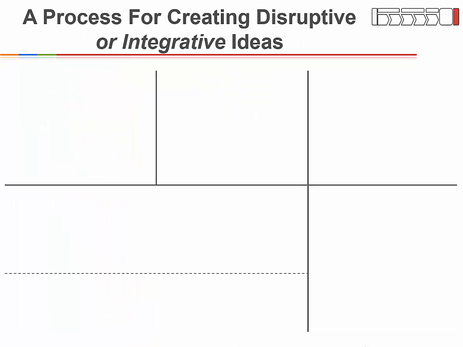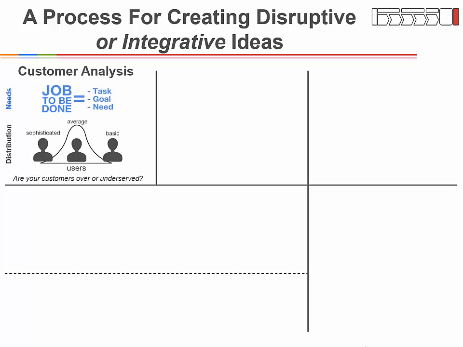products. So, in summary, I want to provide a process for creating disruptive or integrative ideas. So the first thing that needs to be done to do this is customer analysis.